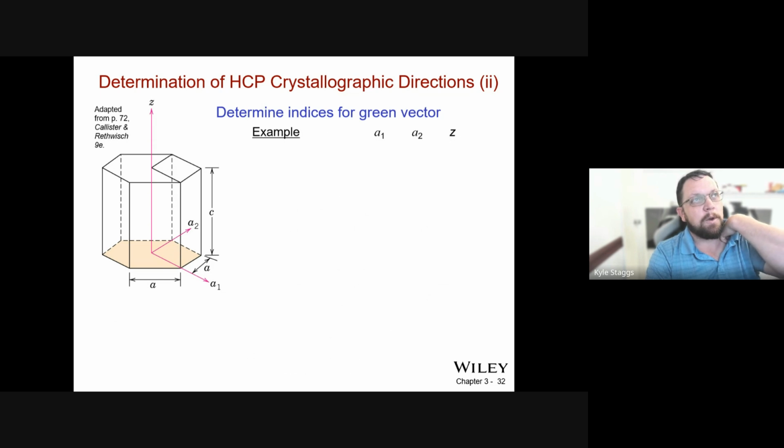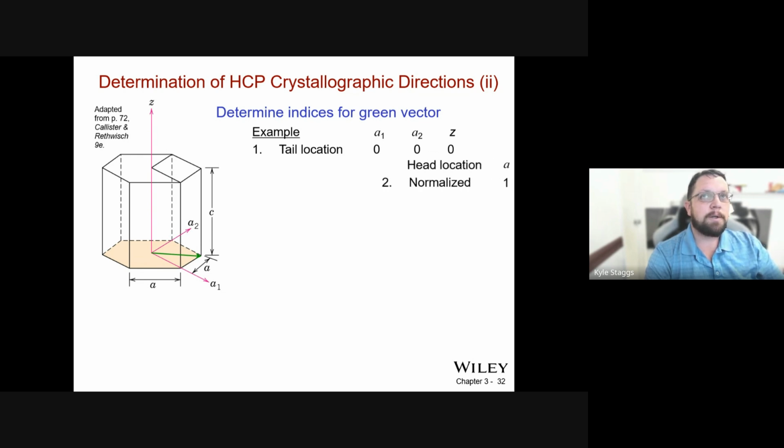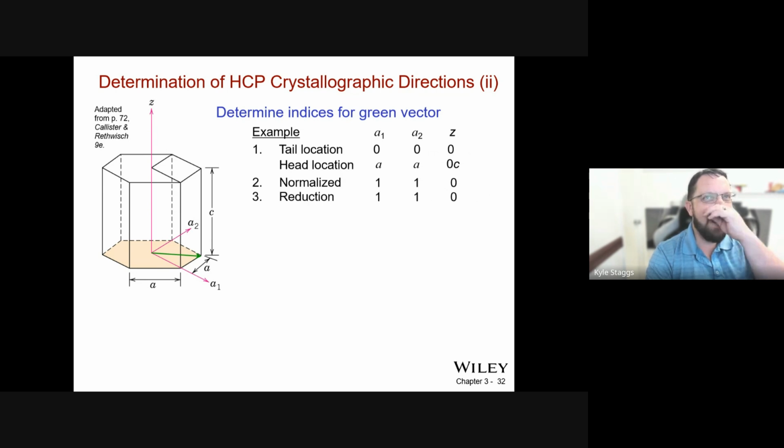So this is one of the ones where a lot of confusion happens, and that's why I wanted to touch on it a second time. So if the tail is at 0, 0, 0, and the head location is at 1, 1, 0, the reduction is the same since none of these are larger than 1.